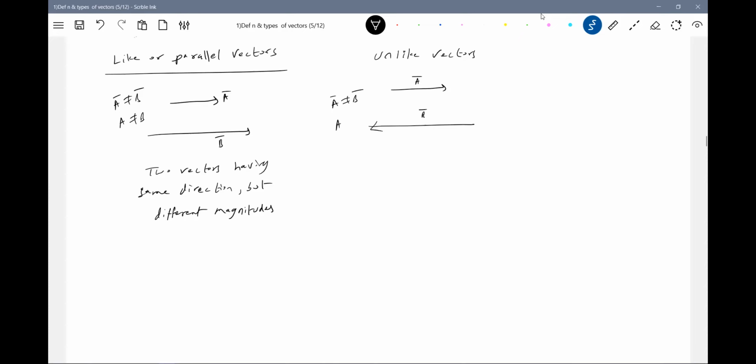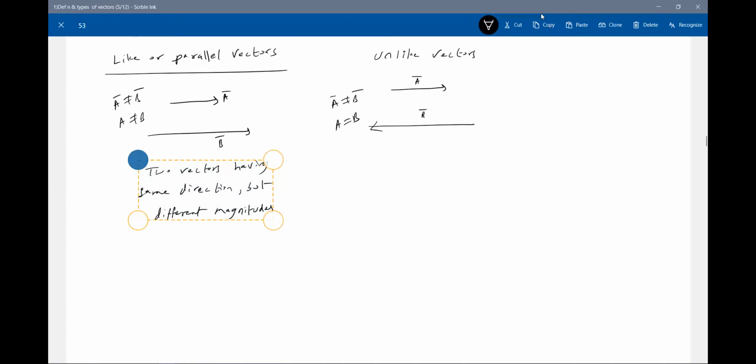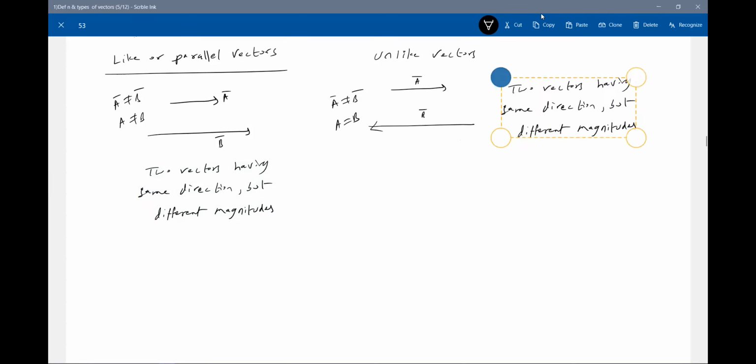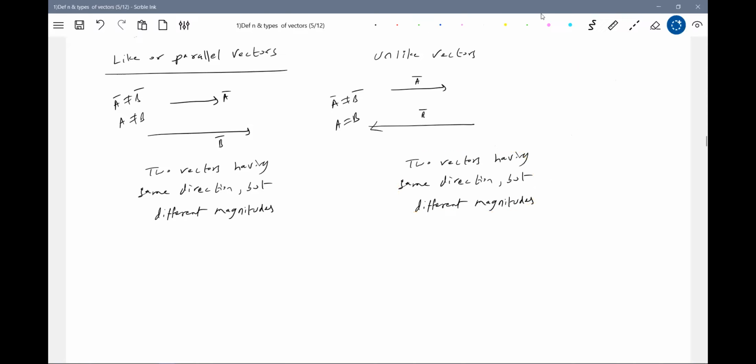So how do we write this? Two vectors having opposite direction and different magnitude will become unlike vectors.